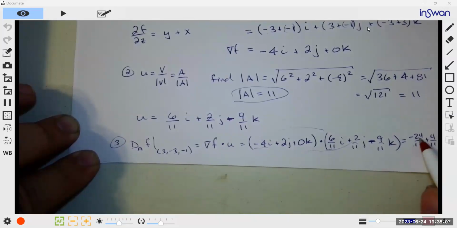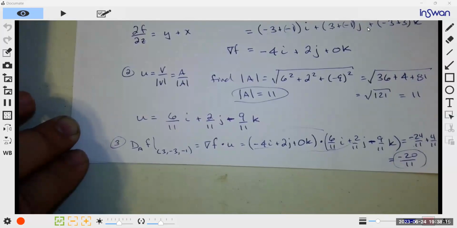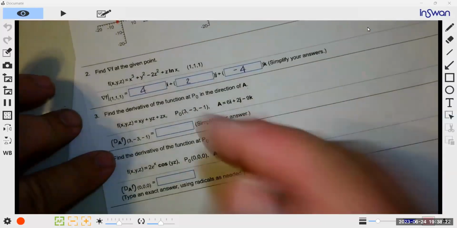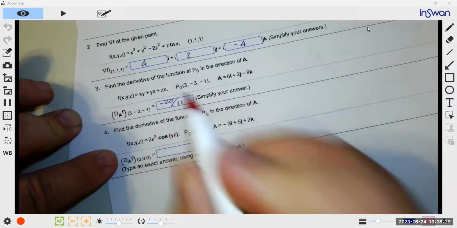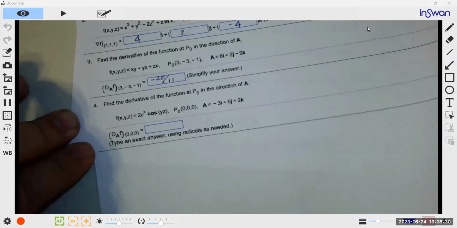So with a common denominator, negative 24 plus 4 is negative 20 over 11. And that's our answer. Negative 20 over 11. That's the derivative of the function at the point P0 in the direction of A.